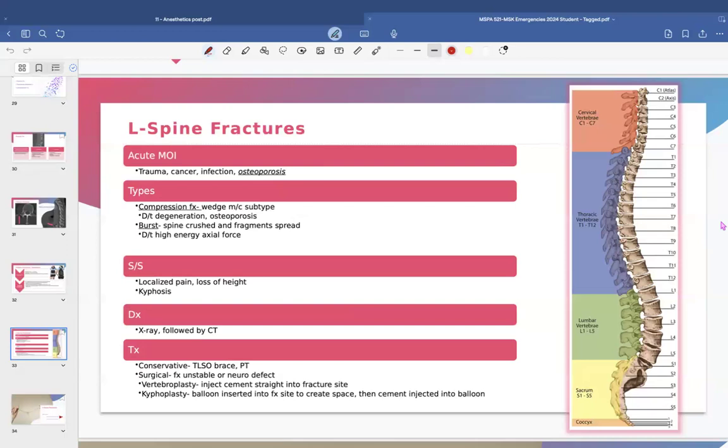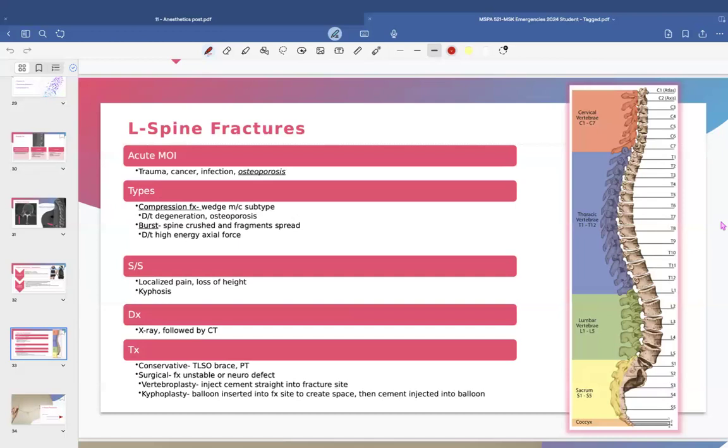Just wondering from an emergency room standpoint, how do we differentiate conservative versus surgical? Yeah, I would have you look at the TLICS scale. If you have a spinal fracture, you're grading them on what type of fracture it is: is it a compression or a burst morphology?